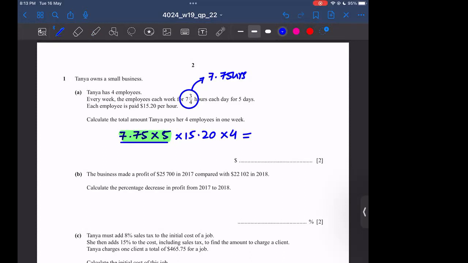So I have 7.75 multiplied by 5, the total number of hours, multiplied by 15.20. This is the total amount she has to pay one employee. Since there are 4 employees, I multiply this with 4. So I got $2,356 for the whole week and for 4 employees.